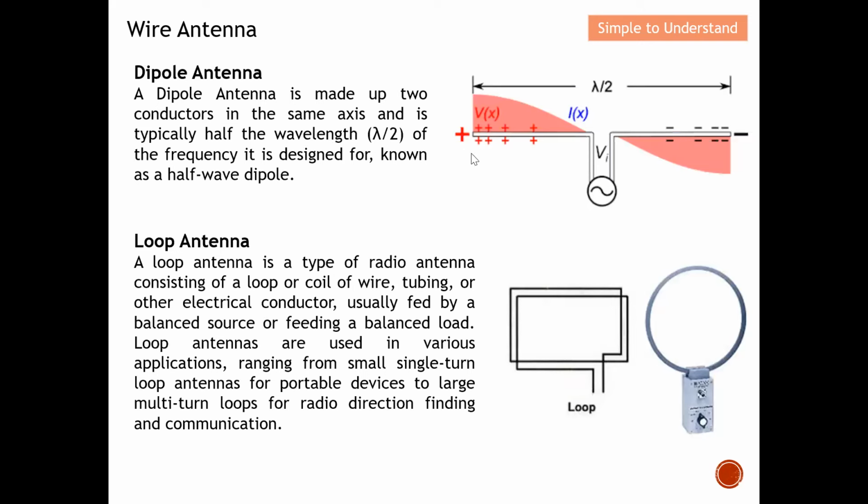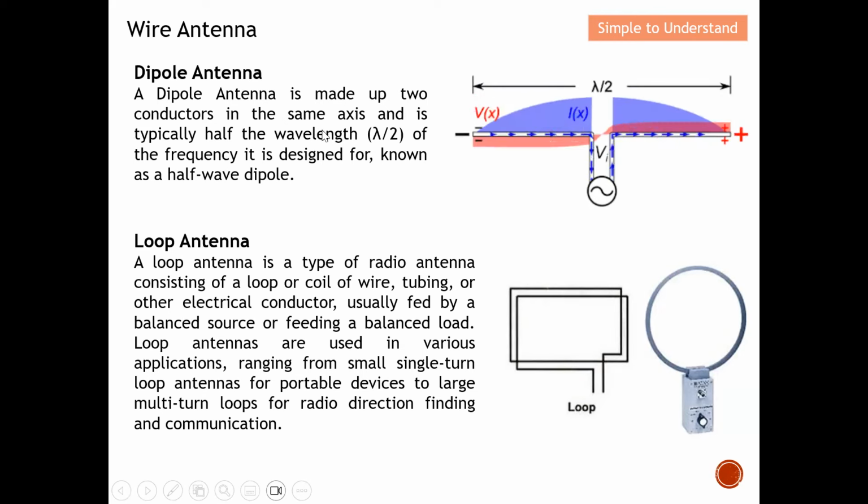As for the dipole antenna, you can probably see this diagram here. It's made up of two conductors in the same axis. So these are the two conductors, same axis, for example this is the x-axis, or we have this y-axis. You can see that these two conductors are in the same axis, and typically they are half of the wavelength of the operating frequency.